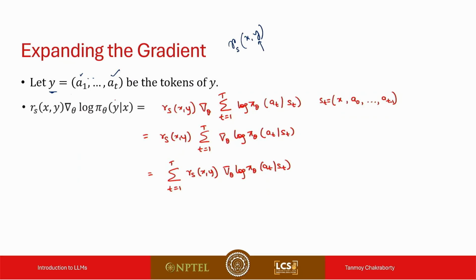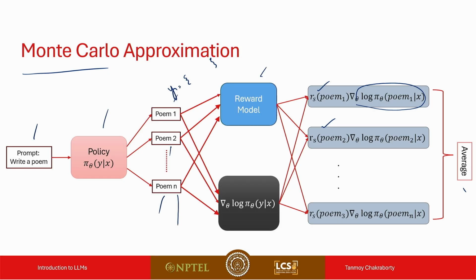This is very important to remember. I'm not calculating the reward for every token in the response. So I need to wait till the end of the response generation, and then I'll be able to calculate this reward. Once the response generation is complete, I give it to the reward model, and the reward model will generate the reward value.